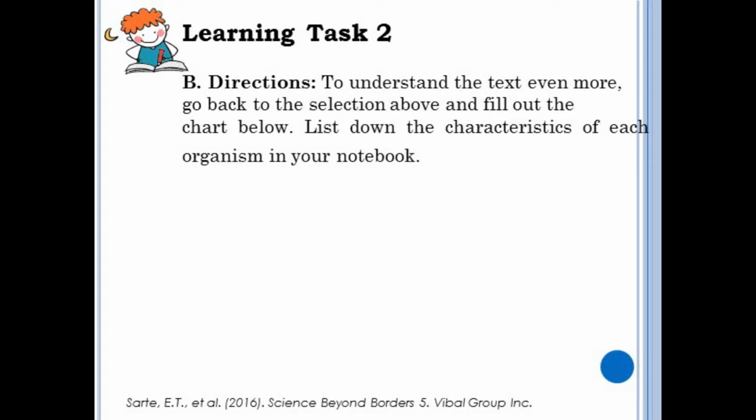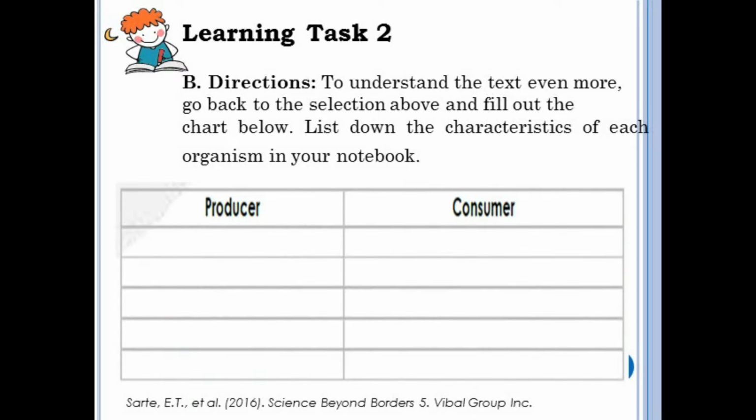Learning Task 2, Letter B. Directions. To understand the text even more, go back to the selection above and fill out the chart below. List down the characteristics of each organism in your notebook. Okay, so we have 2 columns here, producer and consumer. I will give answer in number 1 as your guide.